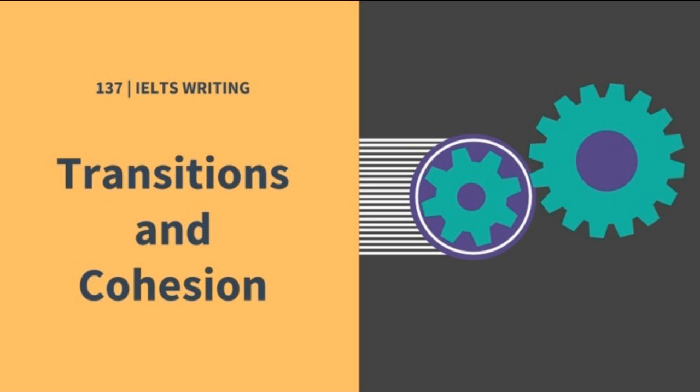We can talk about similarities. We can add furthermore. We can add more information. We can emphasize information. We can give examples, and these all act as devices of transition, or transitionary devices, perhaps, just to help you organize and structure your essay.